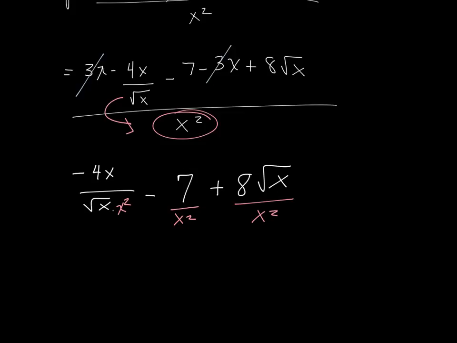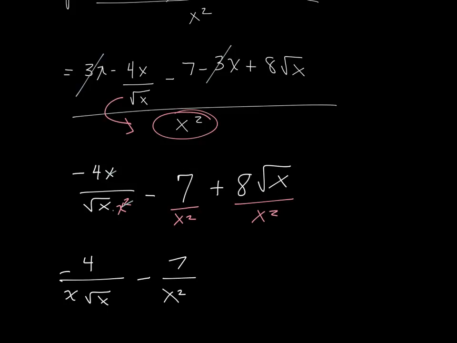Okay, from here, this first one I could cancel, so I end up with a minus 4 over, let's put that x out front, x square roots of x, minus 7 over x squared.